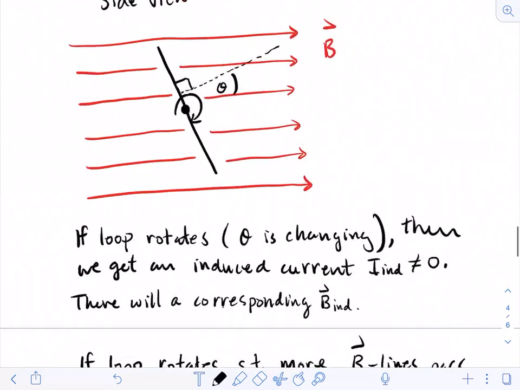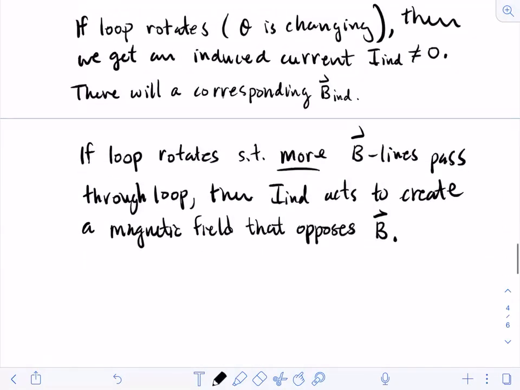So in our picture, what I want to do to get more field lines to pass through my loop area is decrease theta. If I decrease theta, then my loop becomes more perpendicular to the magnetic field, and so we have more field lines passing through that loop.